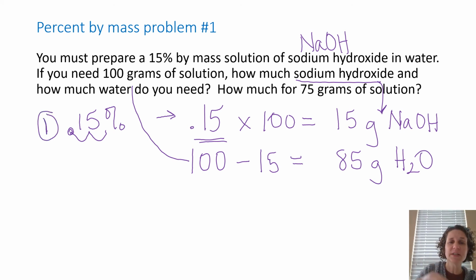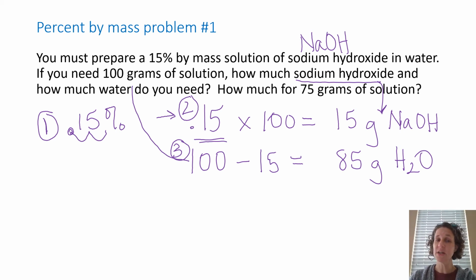Second step is to multiply your decimal times the total, which is 100 grams. And then my third step is always going to be to find the water, and that is going to be to take the total minus the grams of solute, so in this case the grams of NaOH. Okay, so 1, 2, 3, 3 steps.